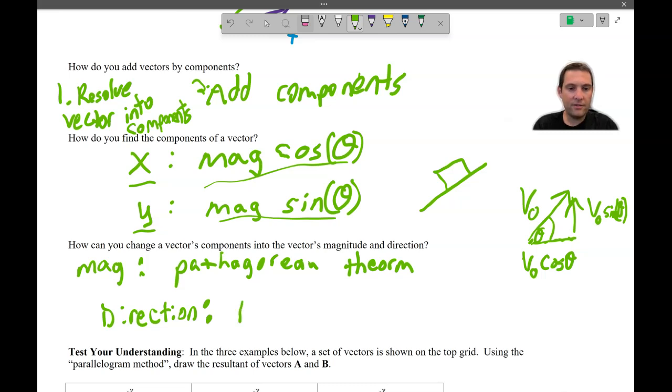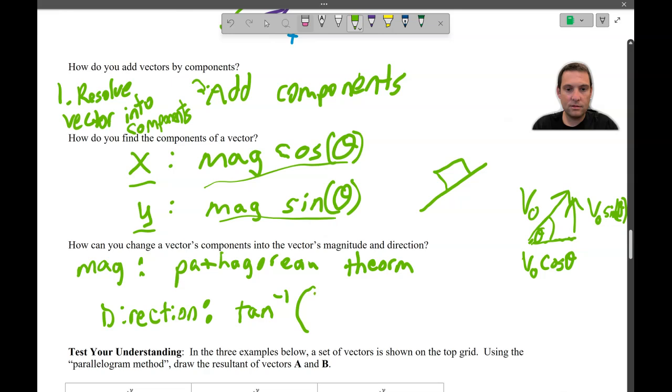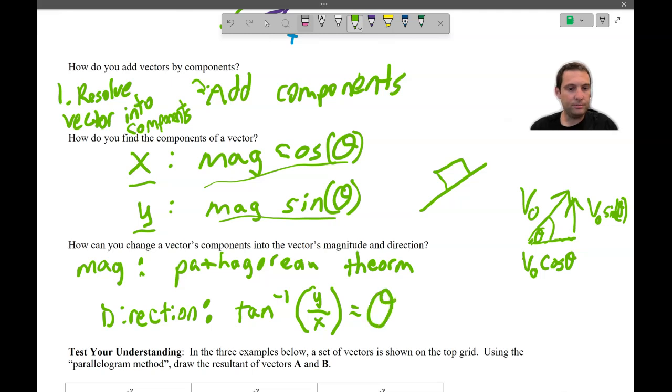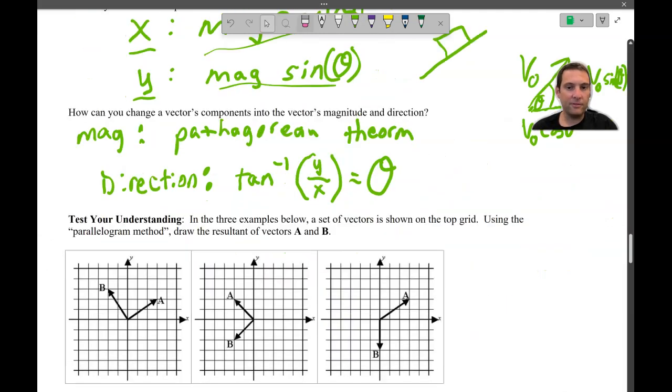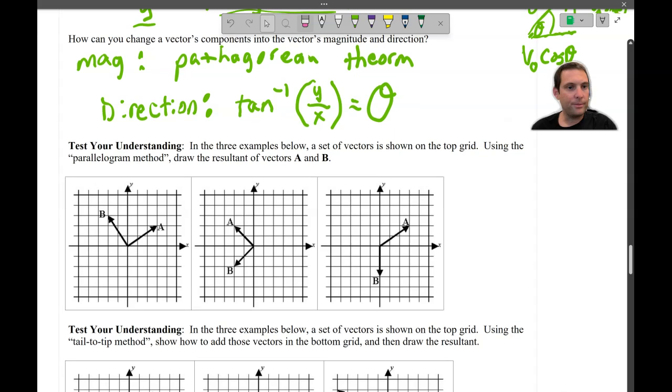And we actually have this kind of shortcut, if you want. We derived it in the lesson, but I'm just going to jump to it. Arctan of y component over x component will give us our angle. Remember, if you have a negative angle, watch out.